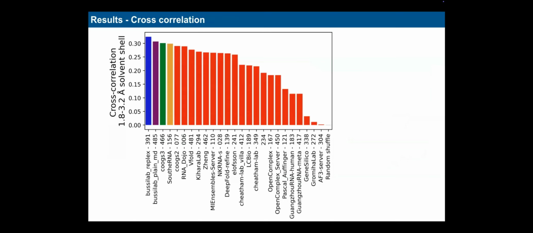And this graph is cross-correlation in the region that's 1.8 to 3.2 angstroms away from any RNA heavy atom. And what you can see here is that we have okay correlation. This is actually higher correlation than our in-house MD simulations. They are roughly here. And we have 4 groups kind of up in the top region here.